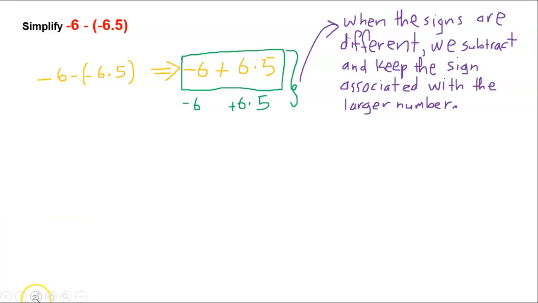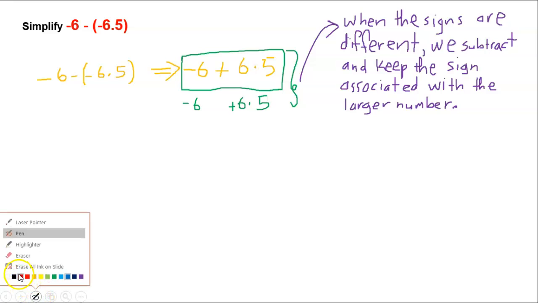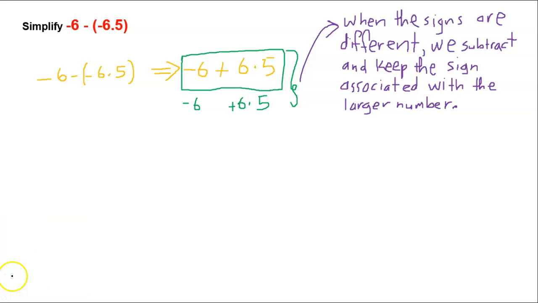Let me get a different color ink. So we have to say 6.5 subtract 6. 6 is the same as 6.0.